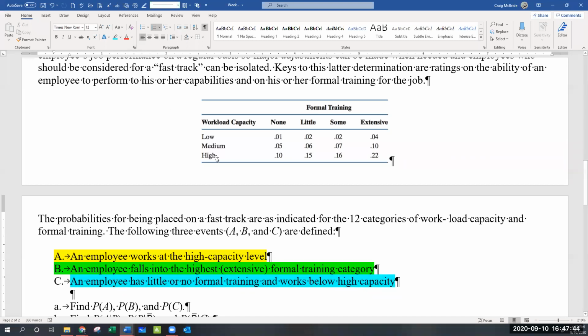Okay. So now an employee works at the high capacity level. Well, we can all see that that's just the last row, right?